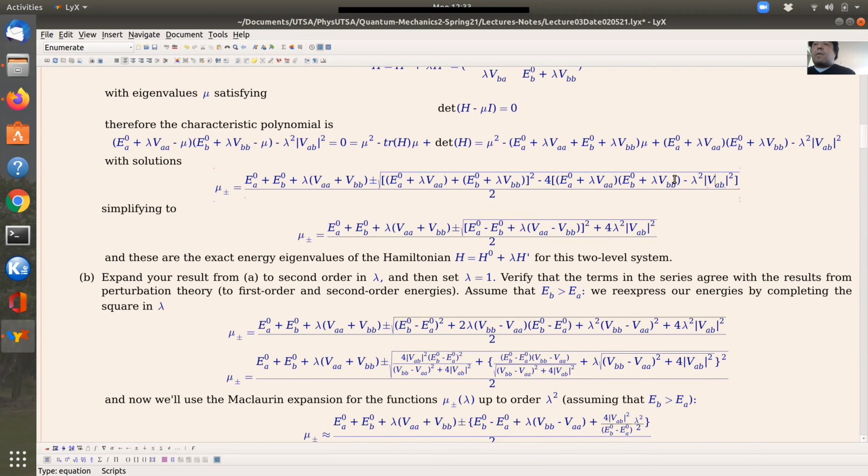So if I add the full expansion of this quadratic term with the minus 4 stuff, I will have minus the double product. And so I can actually factorize that as the difference squared. So that's why I will have E0A minus E0B plus lambda times BAA minus BBB, squared. So that's taking charge of this term.